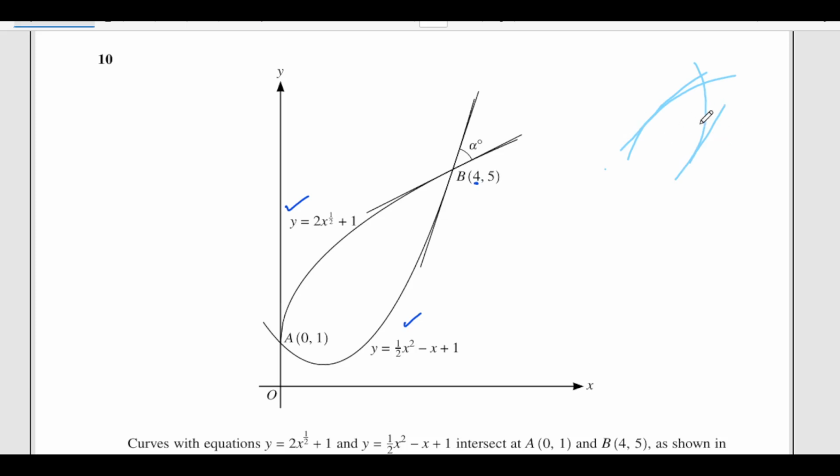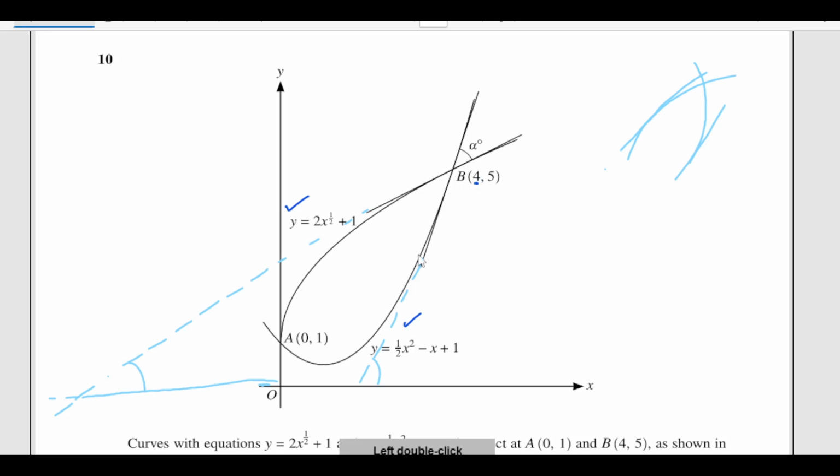I'm just showing it in a different way. So if you extend this line like this, you see it is going to make a certain angle with this, and same if you extend this line there will be a certain angle here, okay?